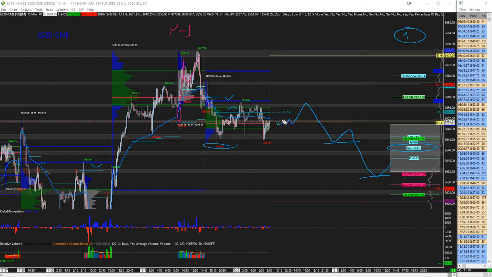Scenario 2, we open top of the VPOC, take out the overnight low at 42 or 41, gap mid, and continue our move higher.